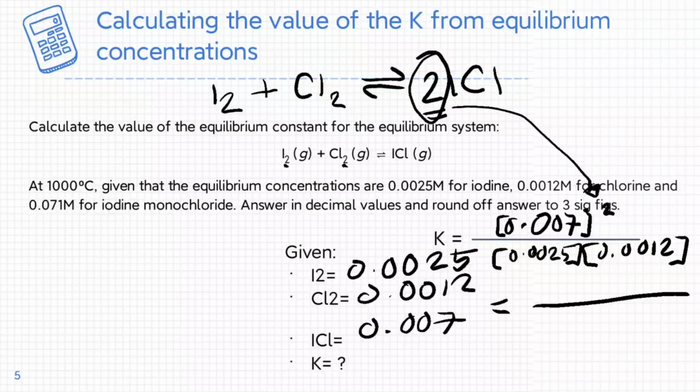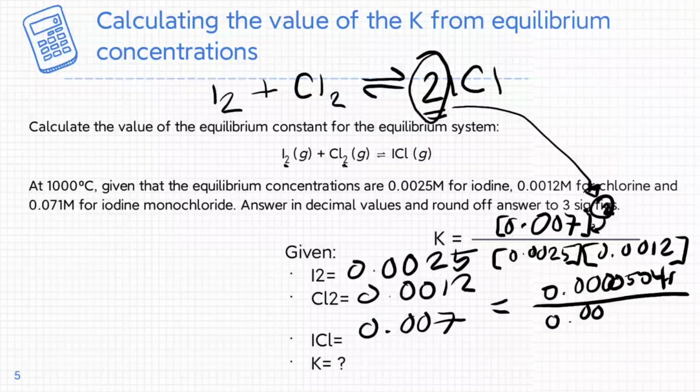Since it is squared, 0.007 squared is 0.000049. And then in the denominator, 0.0025 multiplied by 0.0012, you will get 0.0000, many zeros, then 3.